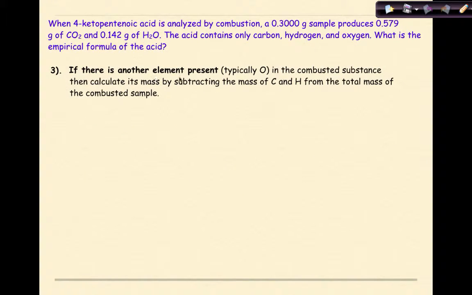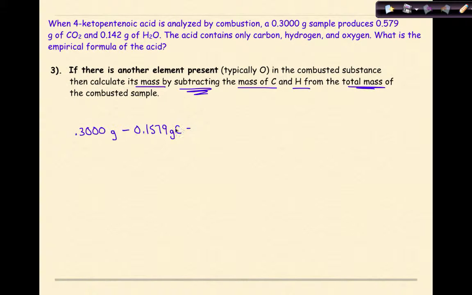If there is another element present, typically oxygen, in the combusted substance, then calculate its mass by subtracting the mass of the carbon and the hydrogen from the total mass of the combusted sample given. So what was my total mass? My total mass was 0.3000 grams of substance. I'm going to subtract my mass of carbon, 0.1579 grams of carbon.